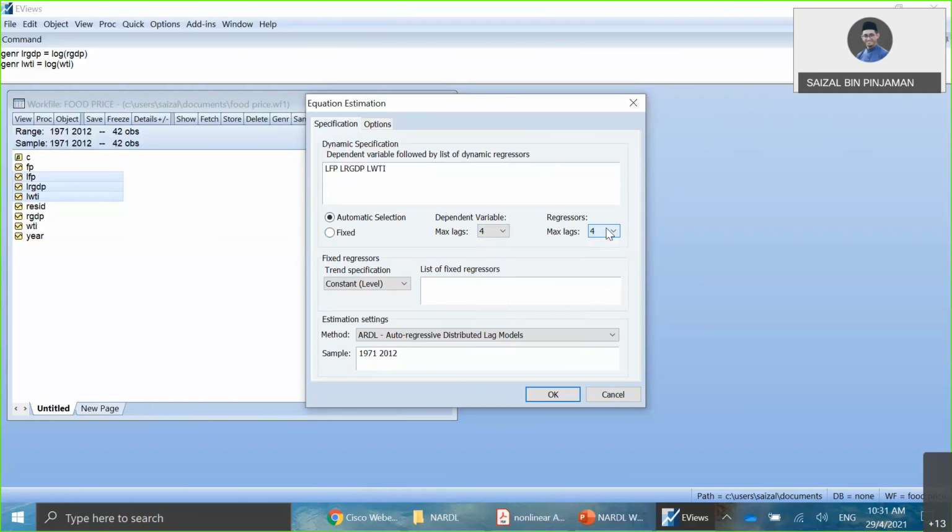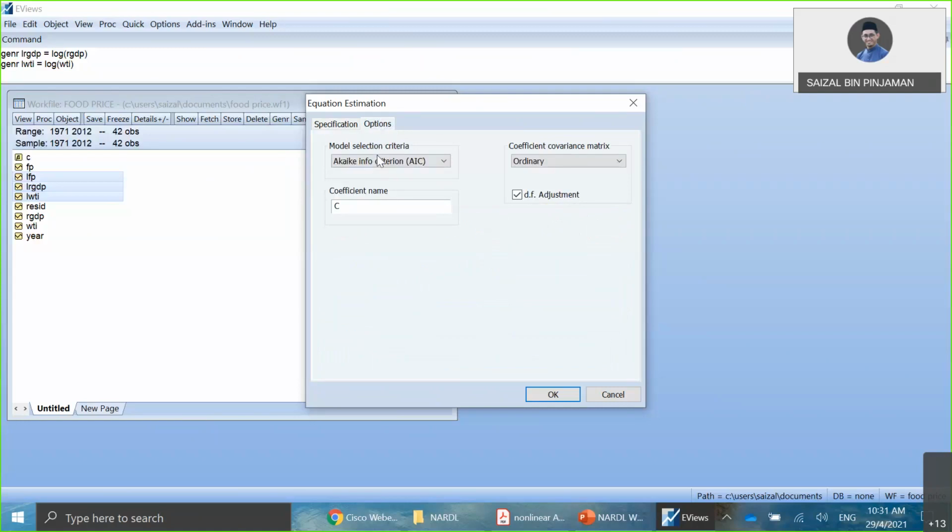Apart from that, when you look into the options, you can see that we have various models to determine the optimal lag for this ARDL model. We can have the Akaike info criterion, we can have the Schwartz criterion, but in our case, let us use the AIC.